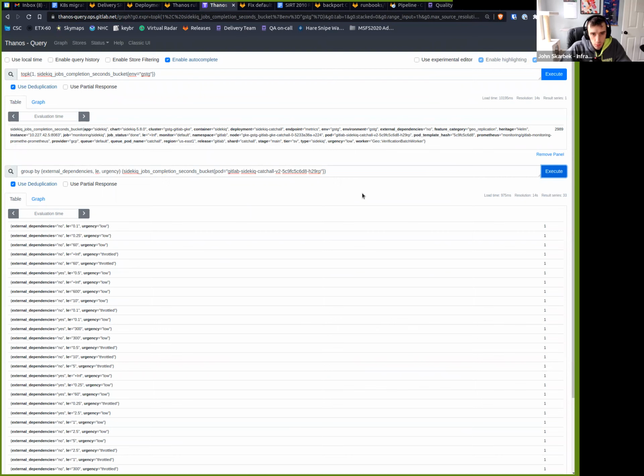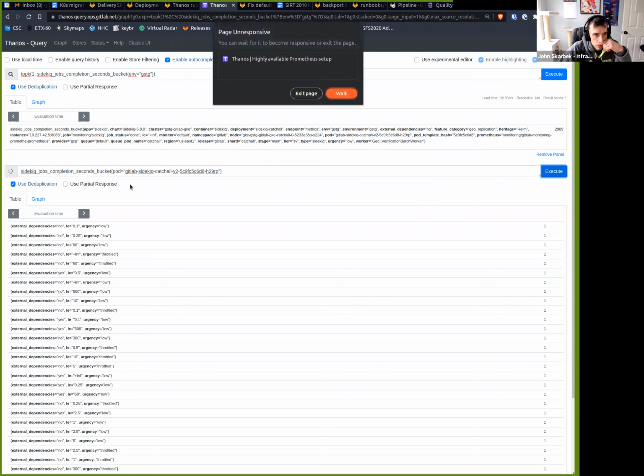We get a lot of metrics out of Sidekick, for example, and one of the things I was concerned with was that the sheer number of metrics that Sidekick produces is extravagant. If I just do this one metric, called the completion seconds bucket, which feeds into the AppDex, for example, it's already taking a really long time to render the amount of metrics that we produce.